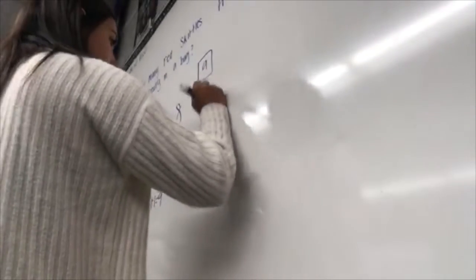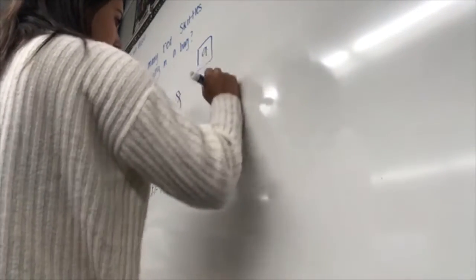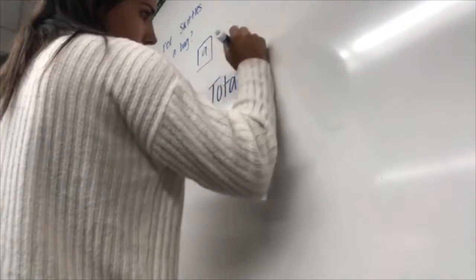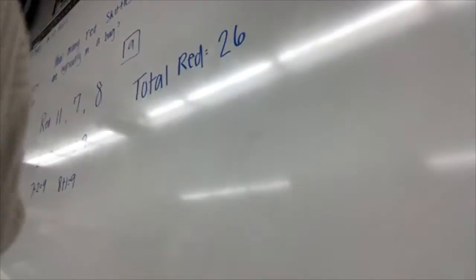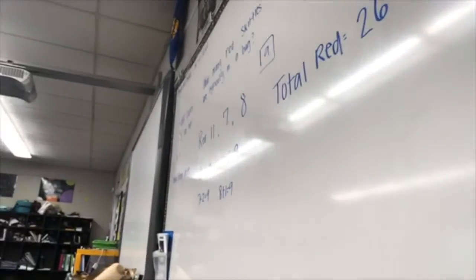Well, this number can't be divided by 3. 26 can't be divided by 3. Is that how many we have? Yeah. So we have 26 Skittles total? Or total red? Do you agree with that, Aubrey?